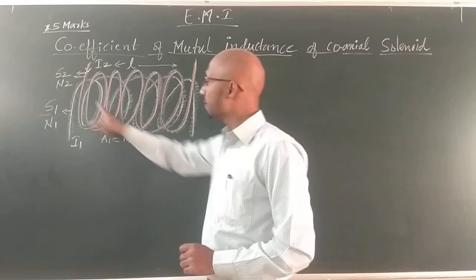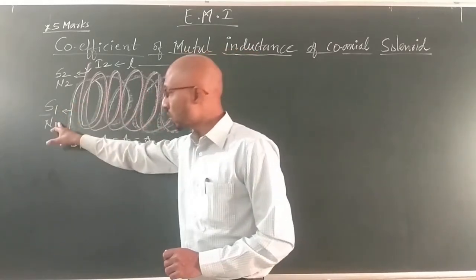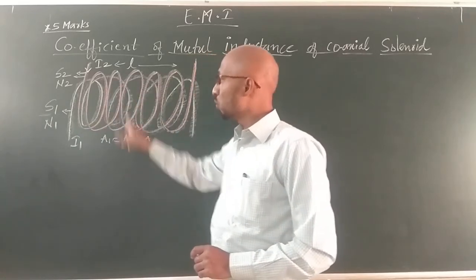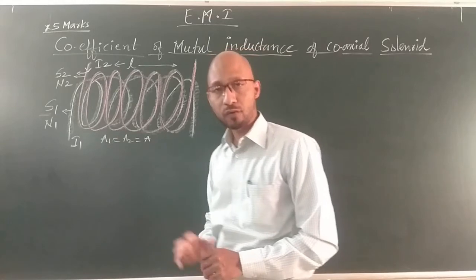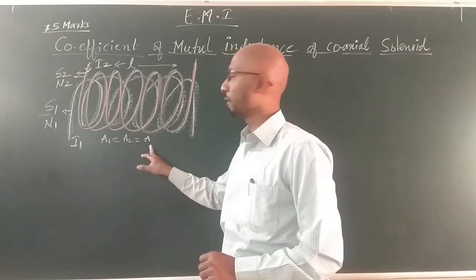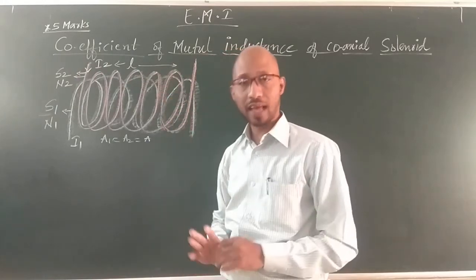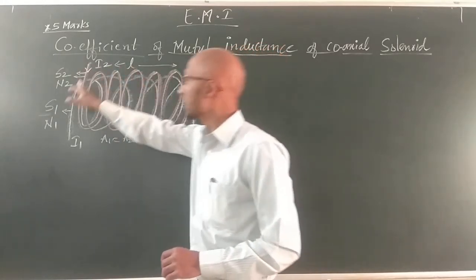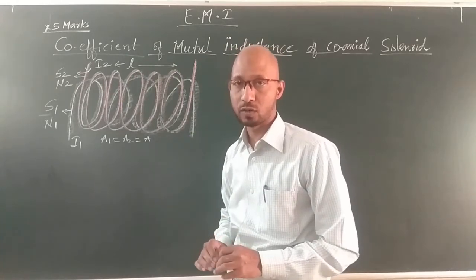Its area is A2. Let us assume that the area of the first solenoid is equal to the area of the second solenoid, so both have a common area of cross section, written as A here. Both solenoids also have the same length L. This is the first consideration I told you about.